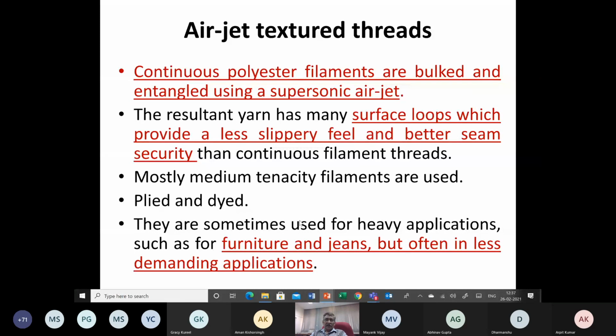I already said it's not suitable for heavy-duty applications, except for some applications like furniture and jeans, where the main thread has high strength, but for some part of the stitches we can use these air jet textured threads.